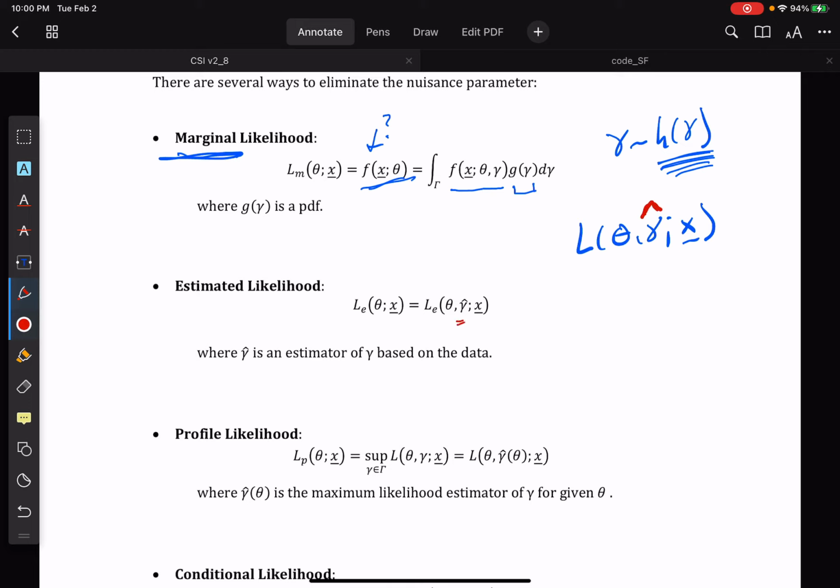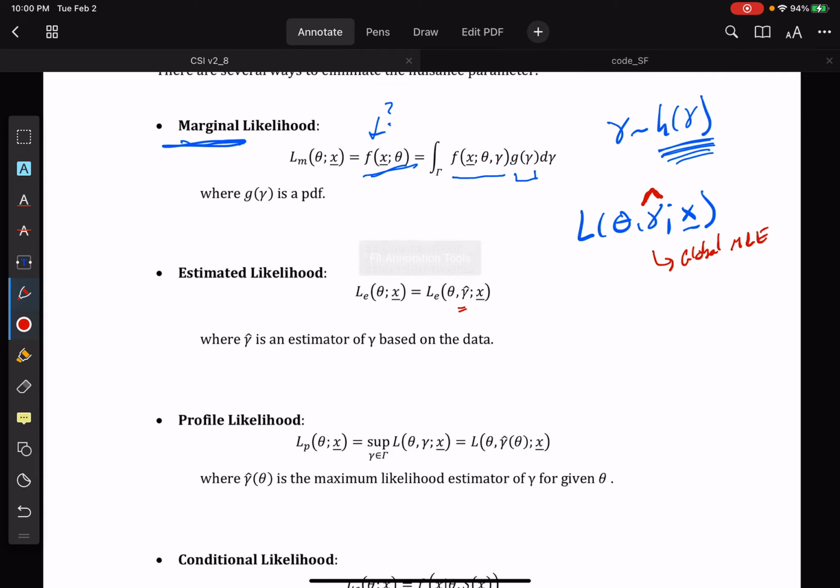A lot of times we plug in something called the global maximum likelihood estimator, or the global MLE. And I'll give you an example of that as we go through. Estimated likelihoods can be good, they can be bad. It turns out they often have a little bit more variability than you might like, and it really depends on how good an estimate you happen to pick for gamma.